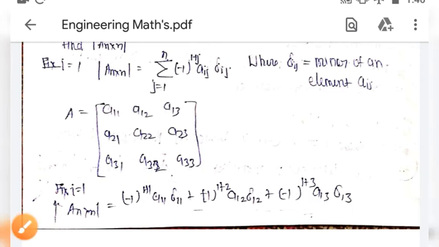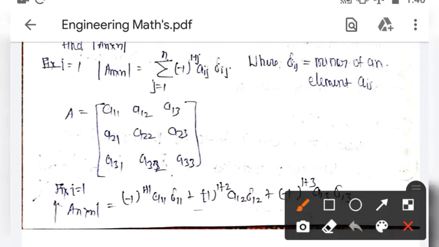Similarly, what is the minor for the element 12? For finding the minor of the element 12, strike off the first row and the second column.